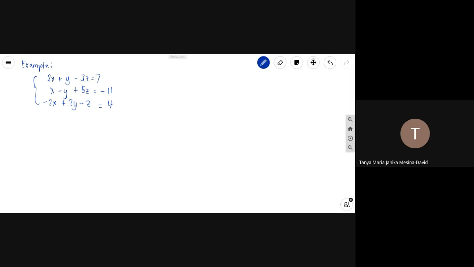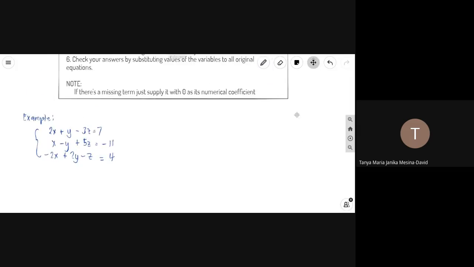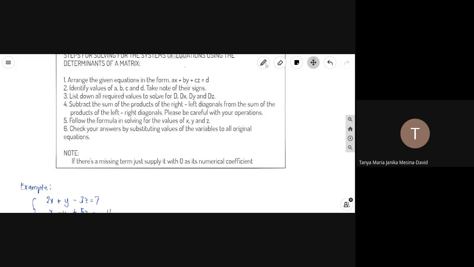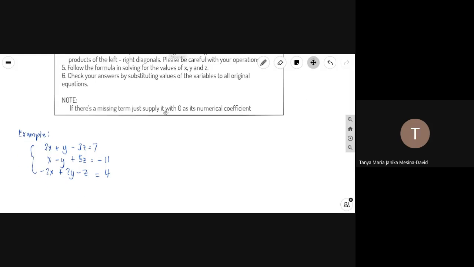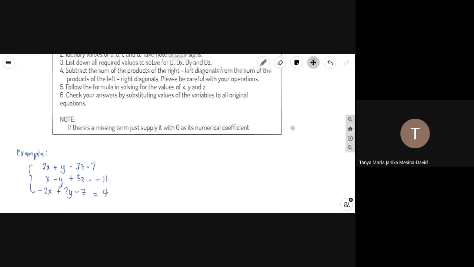Okay, so the first thing that we need to do is to ensure that all equations are written in the form ax plus by plus cz equals d. So let us look at that. Here, each is arranged as x, y, z, then the constant d. So we're done with step one.